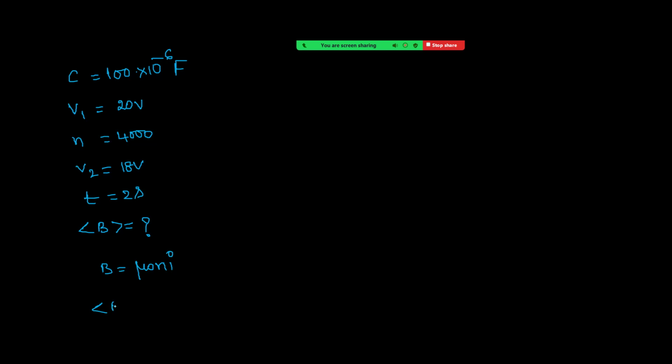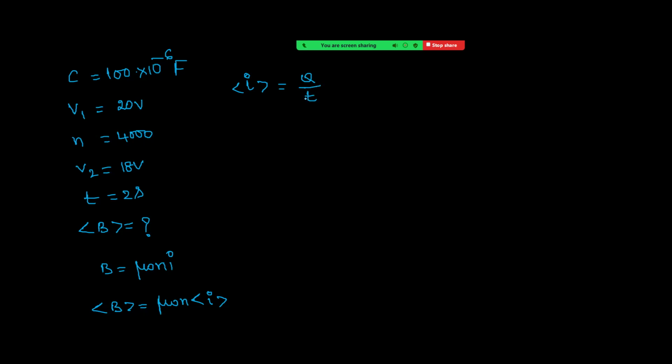Therefore, average B equals mu naught N into the average current. Focus now on how to get the average current. We have learned that average current is how much charge flows in the given time interval.